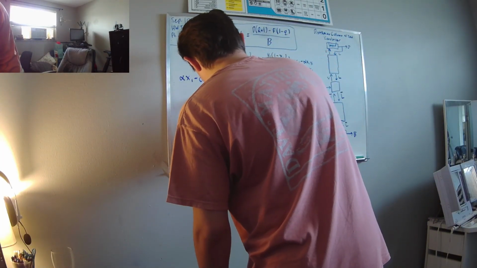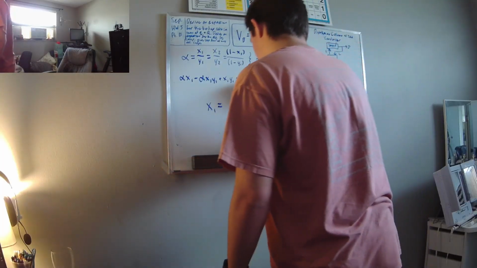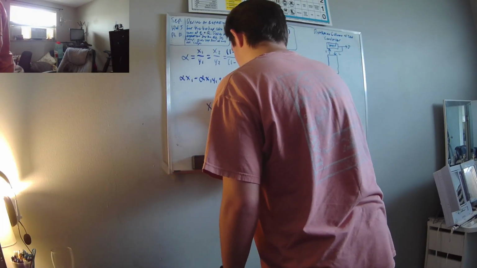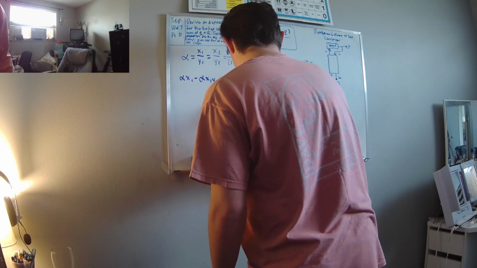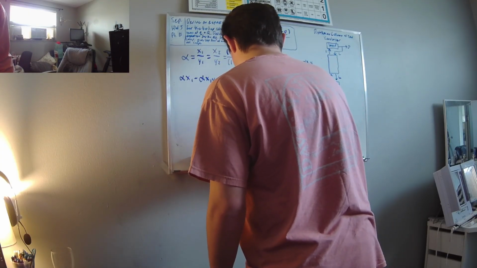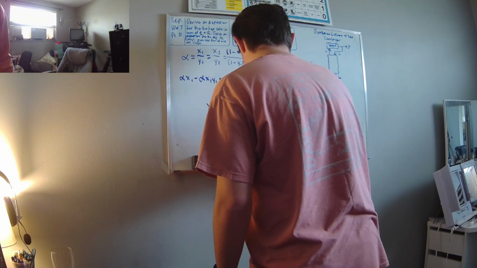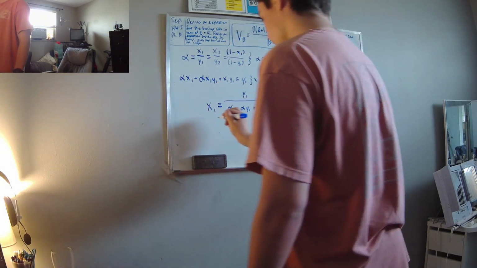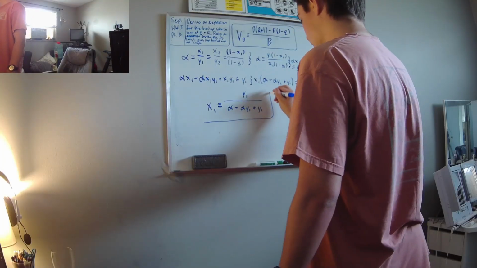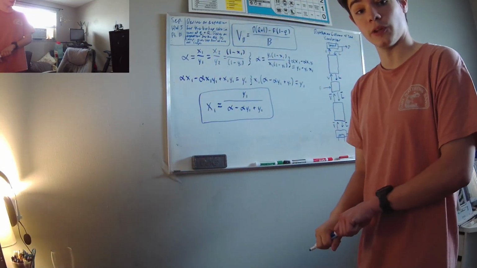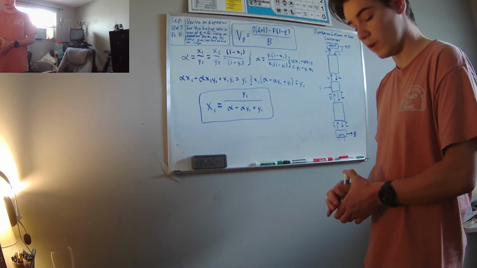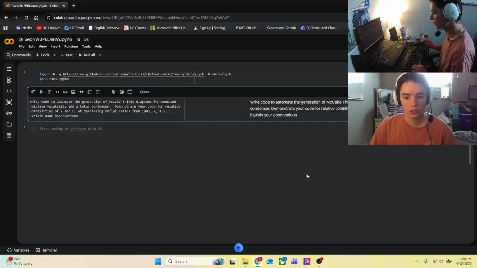It's going to equal y1 over alpha minus alpha y1 plus y1. And that is the expression we're looking for here. So now we can go ahead and move on to the next part of part B.